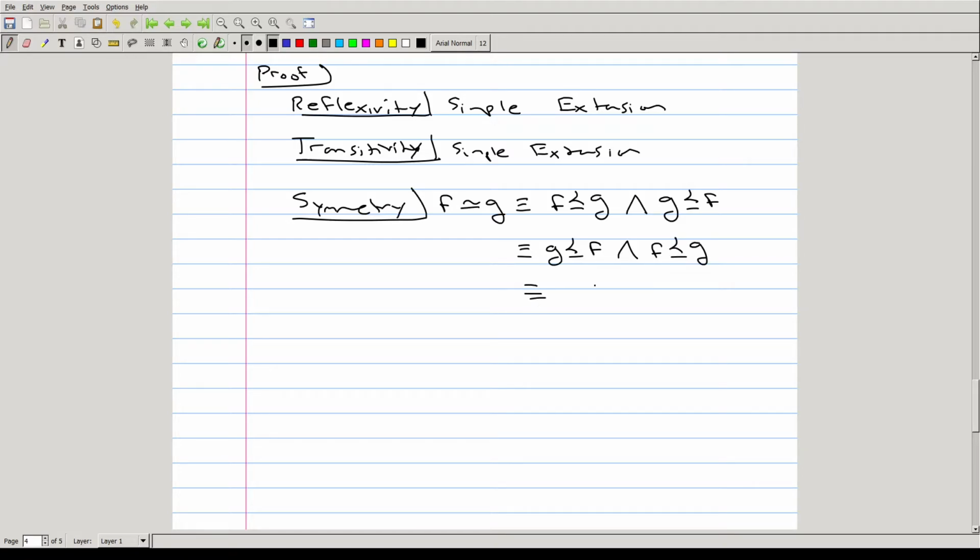Now we've obtained that g has the same order of growth as f. So this is a symmetric relation.